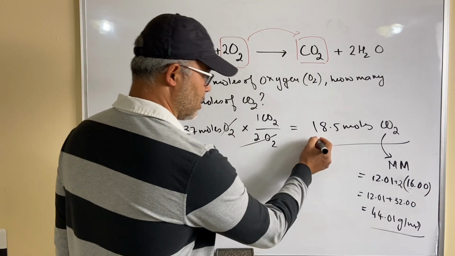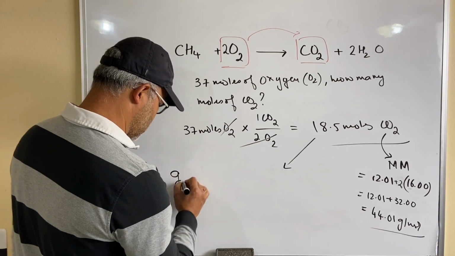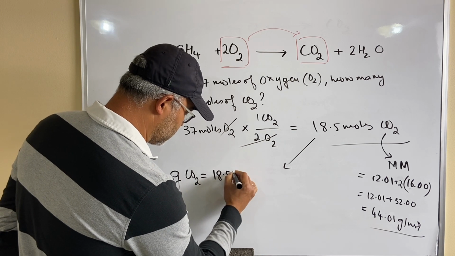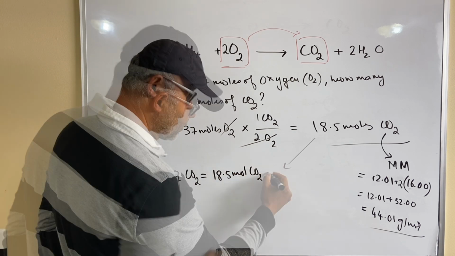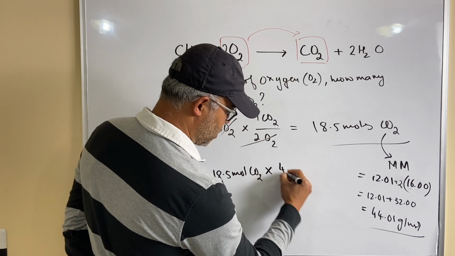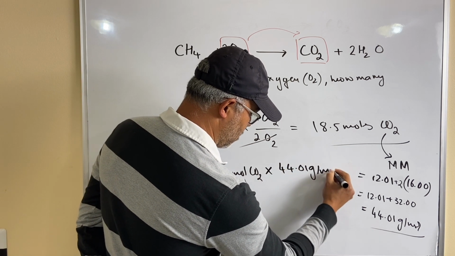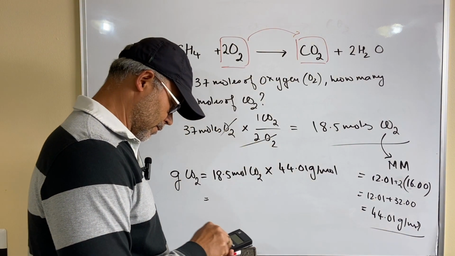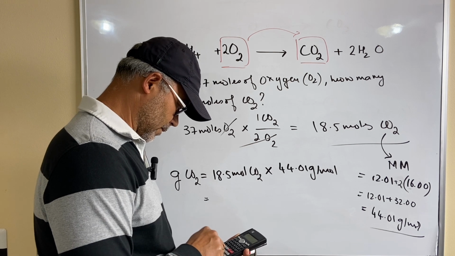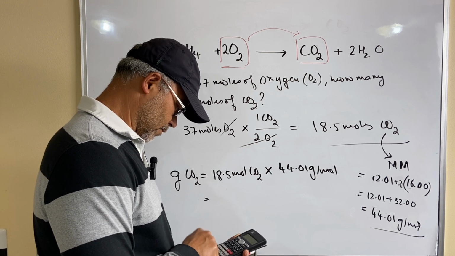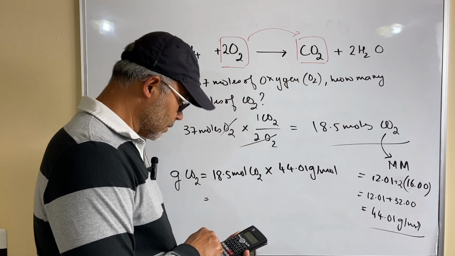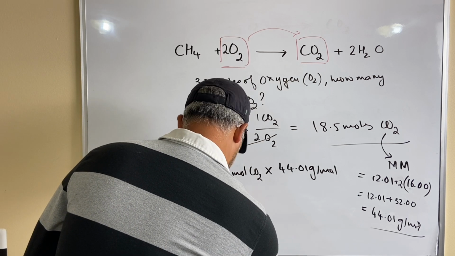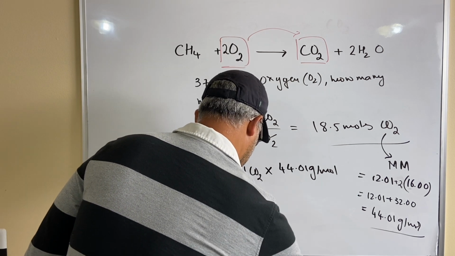To find the grams of carbon dioxide, we take the moles times the molar mass, which is 44.01 grams per mole, and that gives me 814.185 grams.